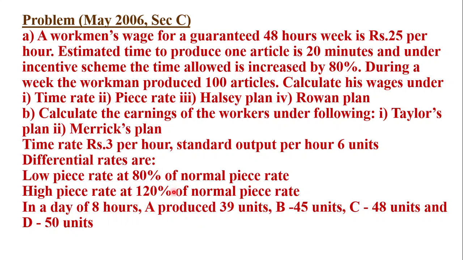Means for 8 hours in one day, A produced 39 units. Here the details of 4 workers are given, that is A, B, C and D. A produced 39 units, B produced 45 units, C produced 48 units and D produced 50 units.